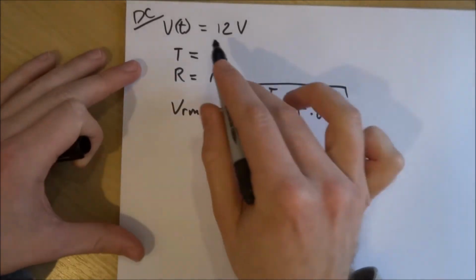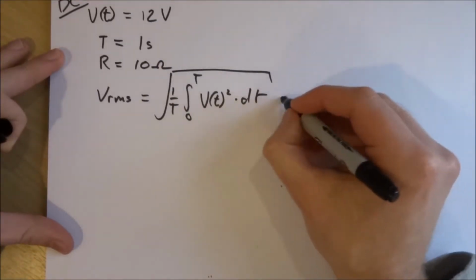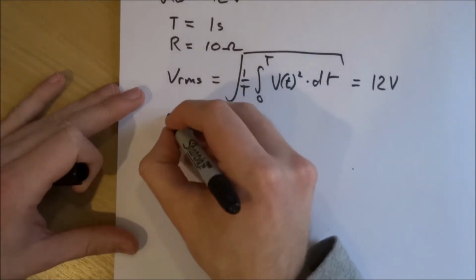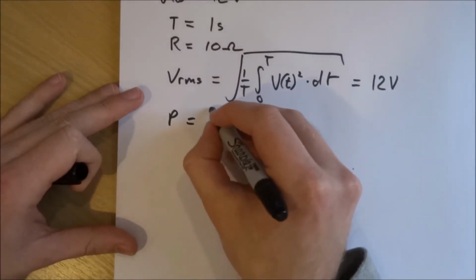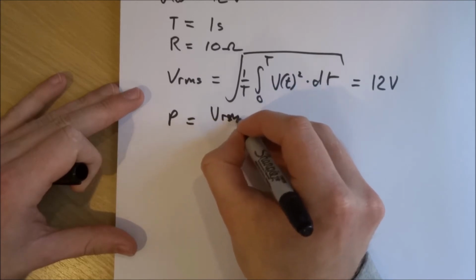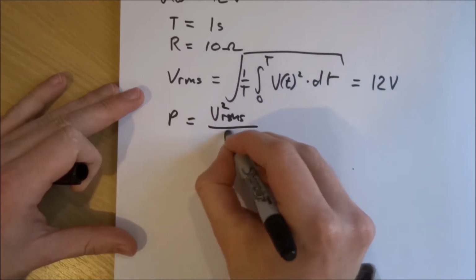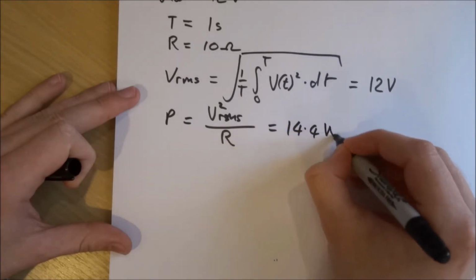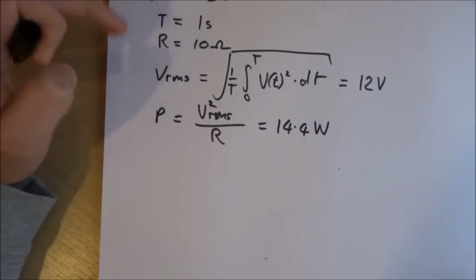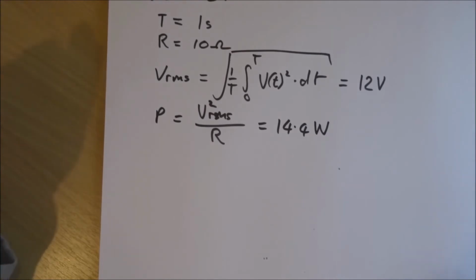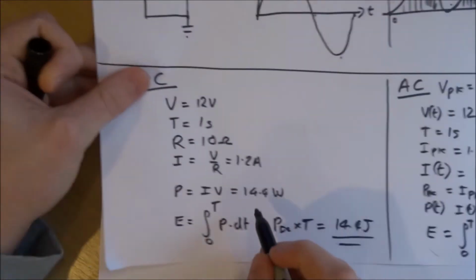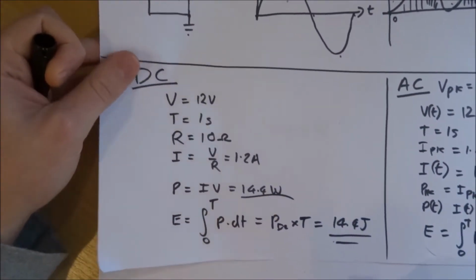And that, because the voltage is a static value of 12 volts, is going to come out at 12 volts. So then the power is going to be the RMS voltage squared divided by the resistance, and that's going to come out at 14.4 watts, because it's 12 squared divided by 10. And that's exactly the same as what we had in the previous example. 14.4 watts is what we got.